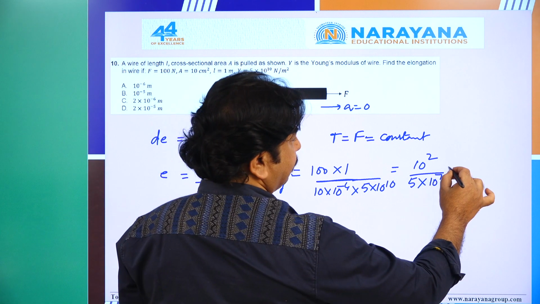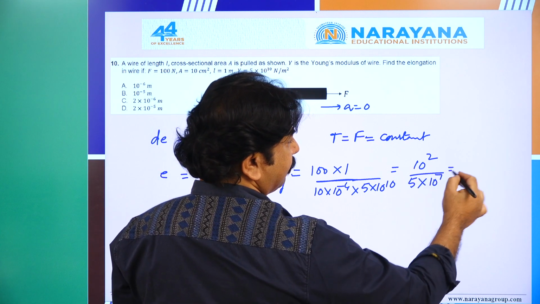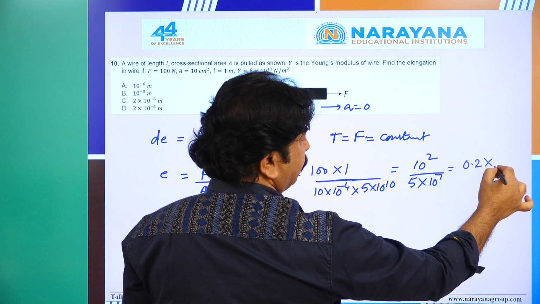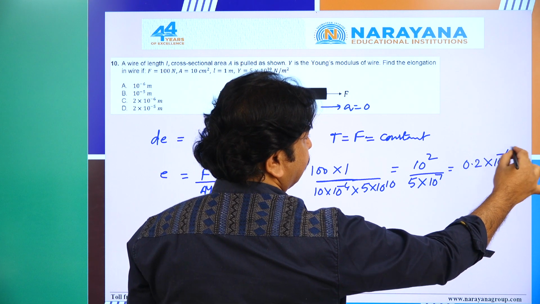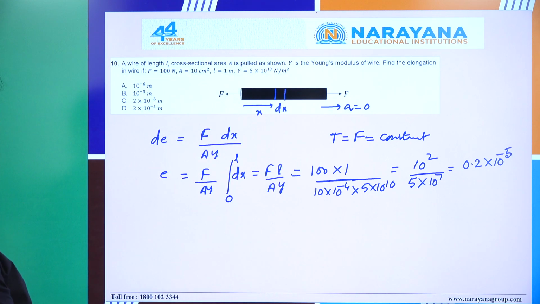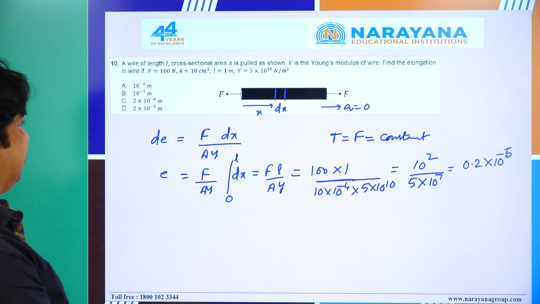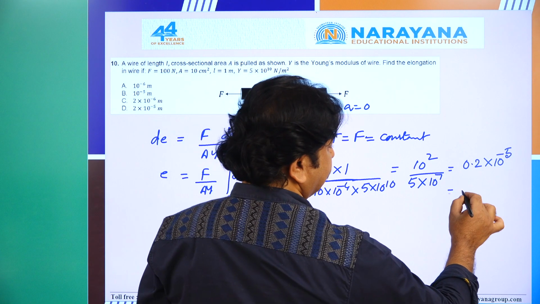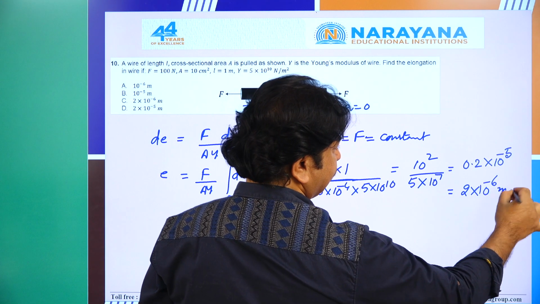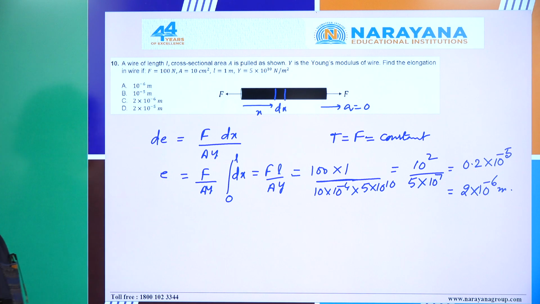Finally, 1 by 5 is 0.2 into 10 to the power of minus 5. So the corresponding answer here is 2 into 10 to the power of minus 6. This is the final answer.